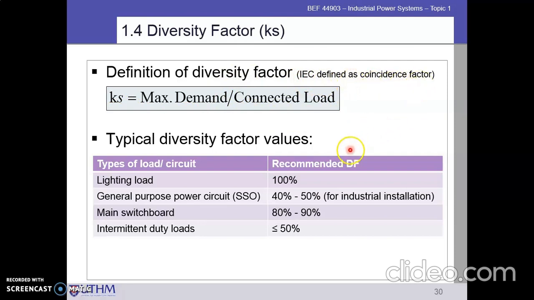Typical diversity factor value for lighting loads is 100%. General purpose power circuit socket is 40% to 50% for industrial installation. Main switchboard is 80% to 90%. Intermittent duty loads is less than 50%.